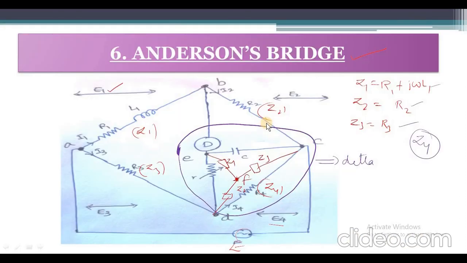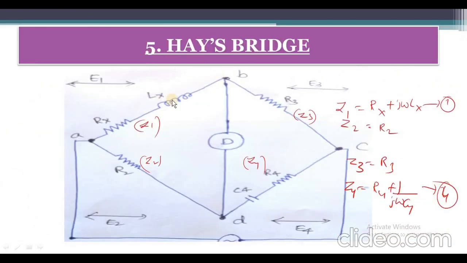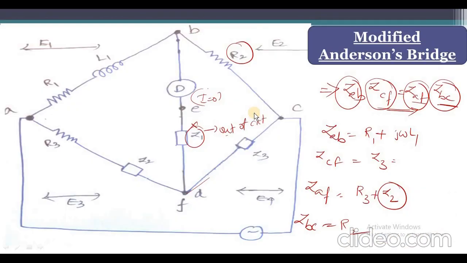Here also we have to multiply the opposite arm resistances, as in the Hay bridge. There is no need to learn the formula Z1 Z4 equal to Z2 Z3 by heart. You have to consider AB and CD in one case, and AD and BC in the other. Just the opposite arm impedances.